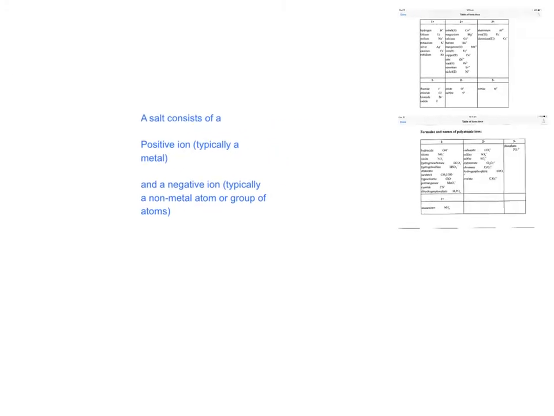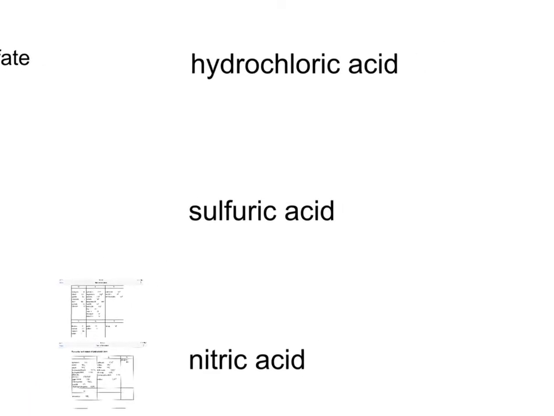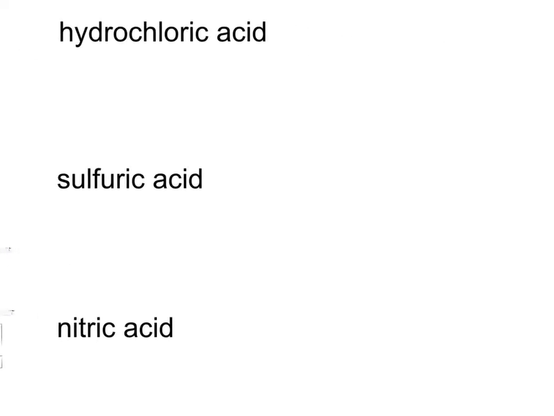So let's have a look at what acids you're expected to know about. Here's my list: hydrochloric acid, sulfuric acid and nitric acid. Hydrochloric acid will give you the ending to your salt of chloride.